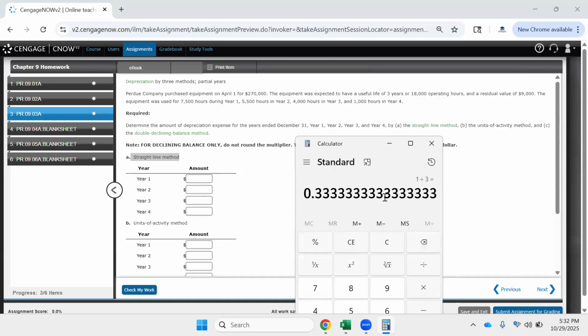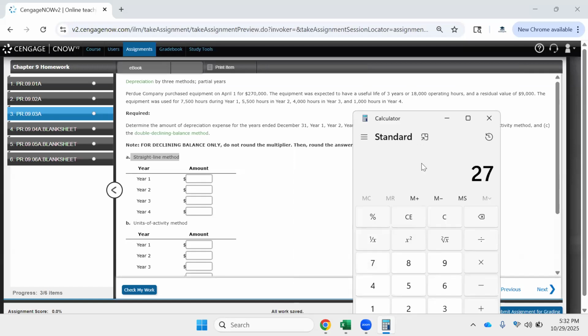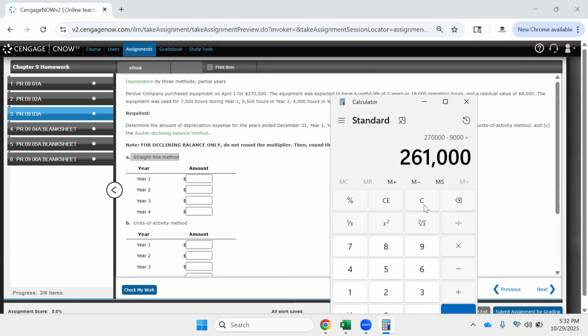We multiply that by the depreciable base of the asset, which is 270,000 minus $9,000 residual value. We get 261,000, and we're going to divide it by 3 years for simplicity's sake. $87,000 in depreciation per year. That's our rate.